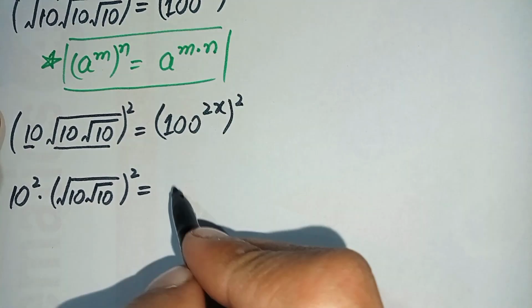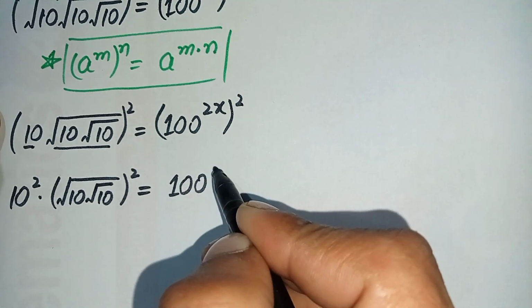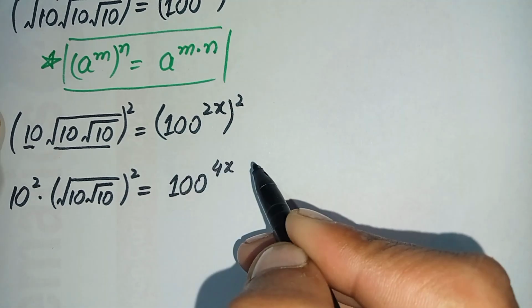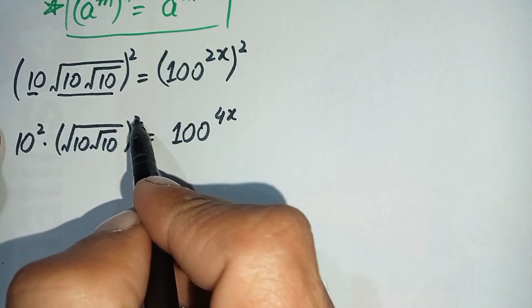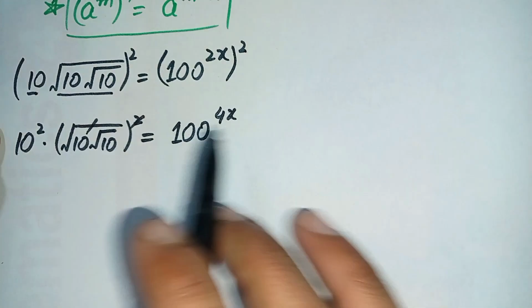So 2 times 2 is 4, so it will become 100 raised to power 4x, and here this square and this square root will be cancelled with each other. So here only 10 will be left.